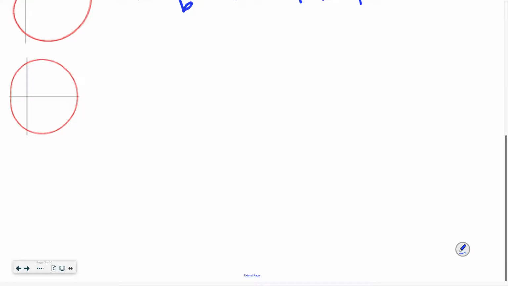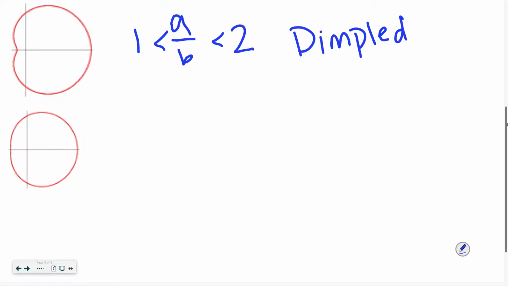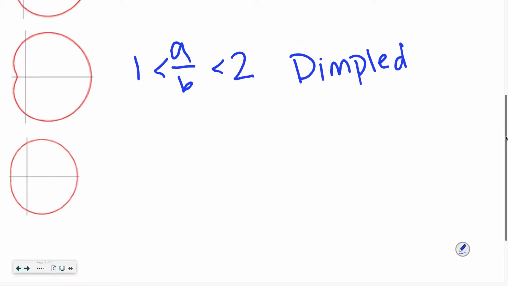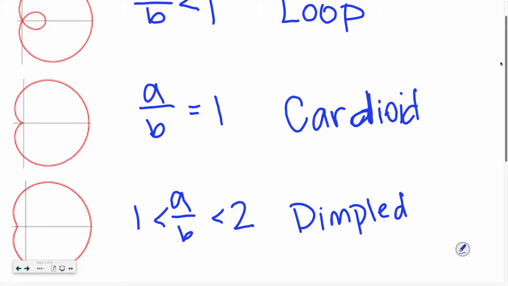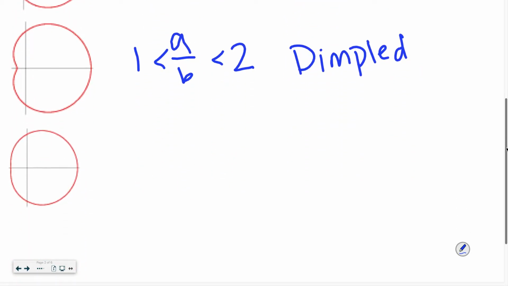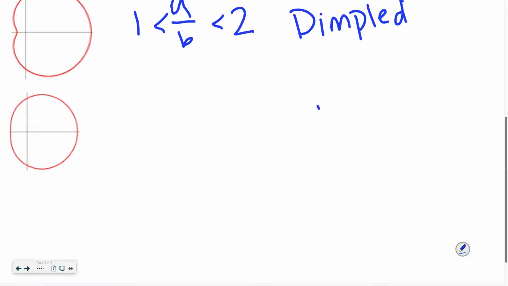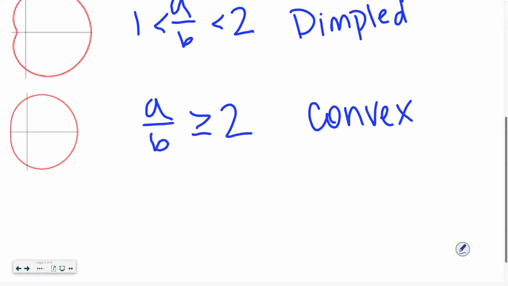Now, how does this one differ from the dimpled one? Do you notice how these other ones cave in a little bit? This one doesn't cave in. It's convex. And this happens if the ratio of A to B is bigger than or equal to 2.